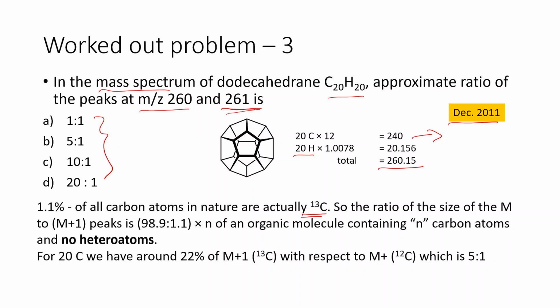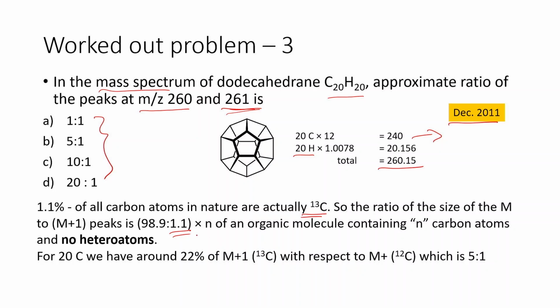So for every 100 atoms of carbon, 98.9 are going to be carbon atoms having atomic weight 12, and there will be 1.1 atom that will be having the atomic weight of 13. So if the number of carbon atoms is going to be high, then the number of isotopes is also going to be high. Based on how much is the extra isotopes that are present, then the M+1 peak will be shown accordingly.